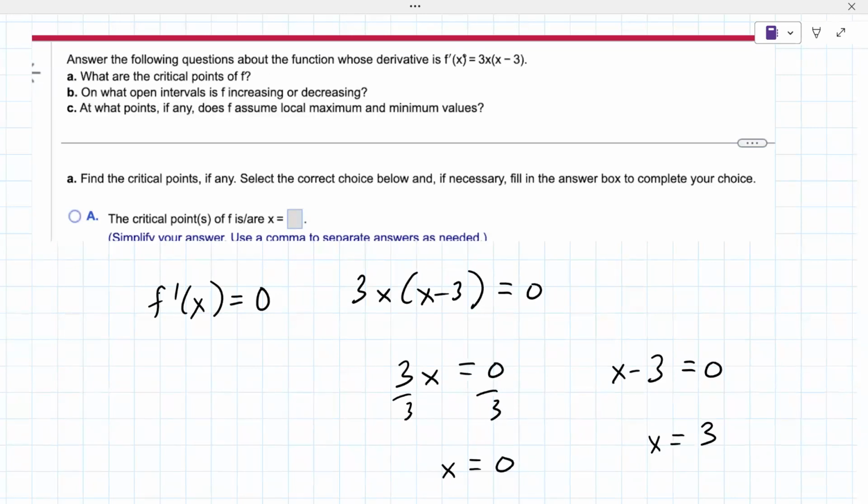So those are the critical points, that's A: 0 and 3.